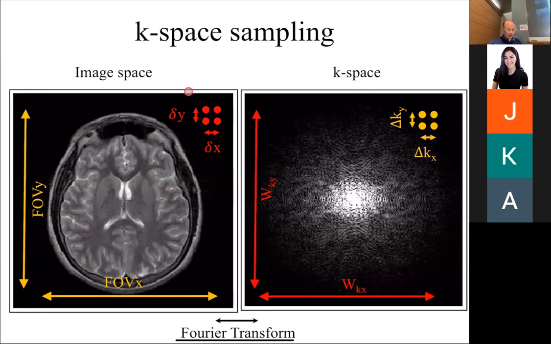It turns out the resolution is tied to how far out you go in k-space, and here we designate it as the width of Kx and the width of Ky. And then the field of view determines the delta, the steps you make in either Kx or Ky. So we're going to talk about how you go from these 4 parameters to these 4 parameters.